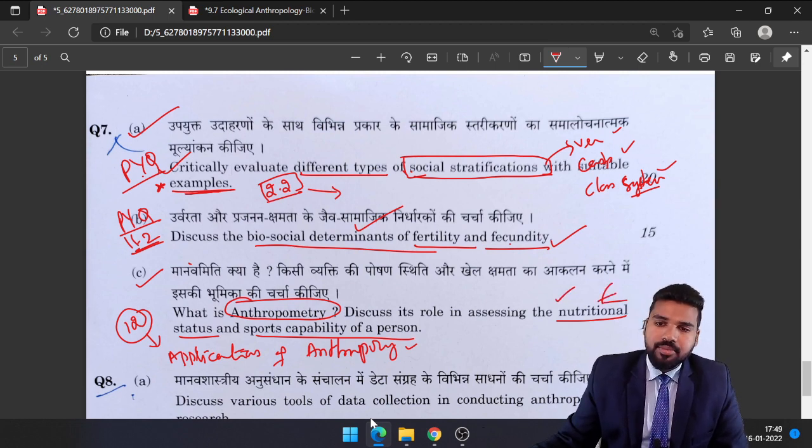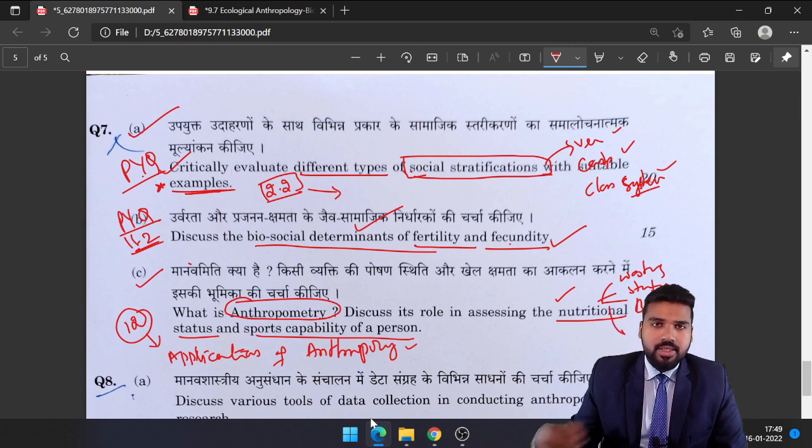Here we have seen different things: wasting, stunting, and we have also seen the BMI index, then the stature index.